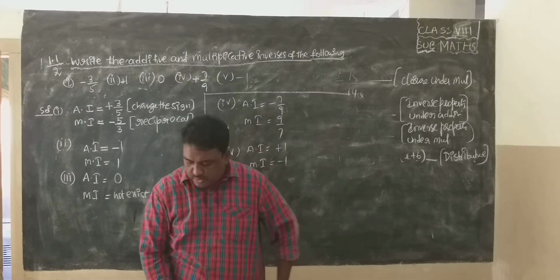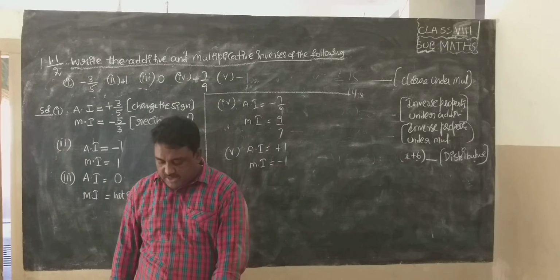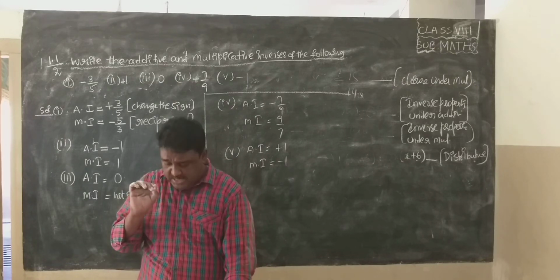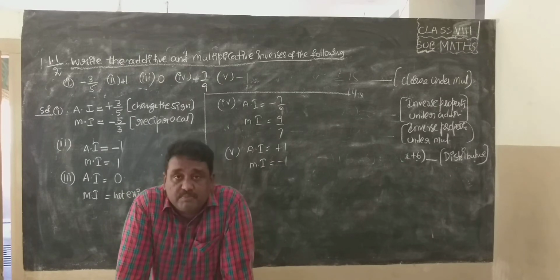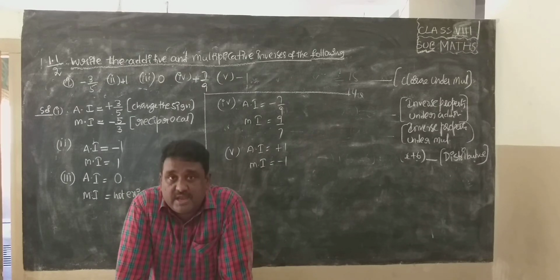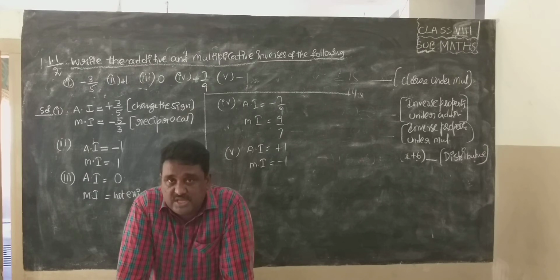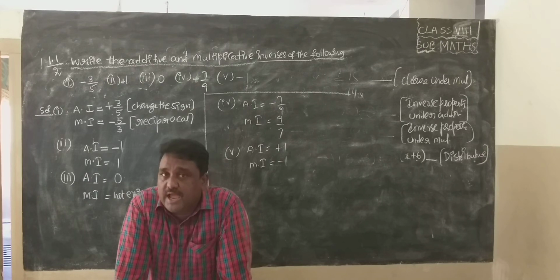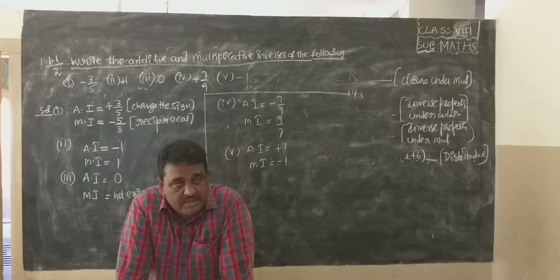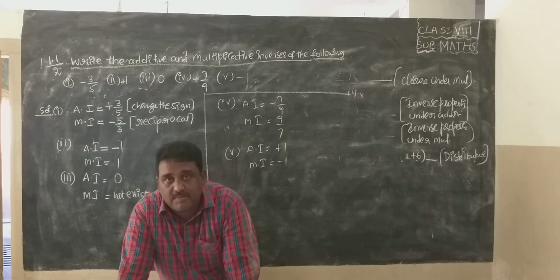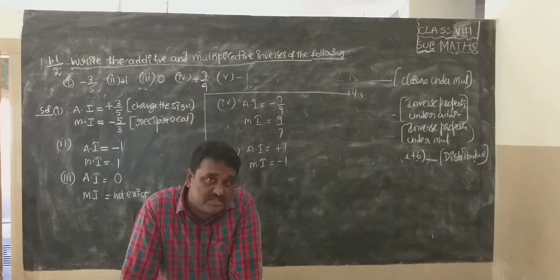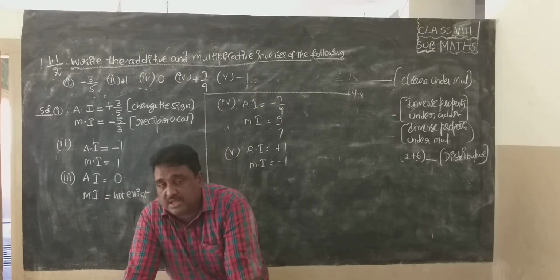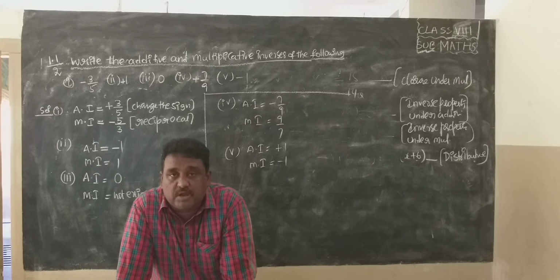Okay? So what we did in problem number 1 is only name the property. By seeing the problems, we simply name the properties. If 0 is there, we name it the identity property under addition. When 1 is there, we name it the identity property under multiplication. If you get the answer 0, we name the property the inverse property under addition.